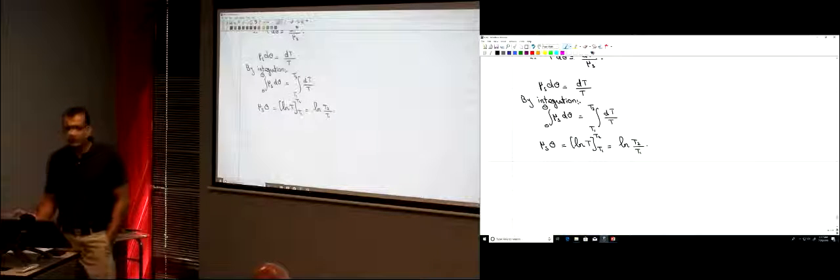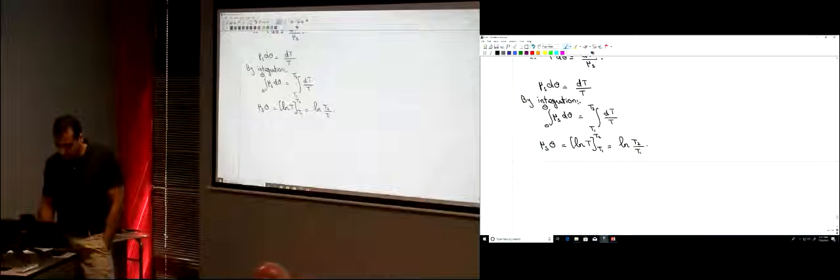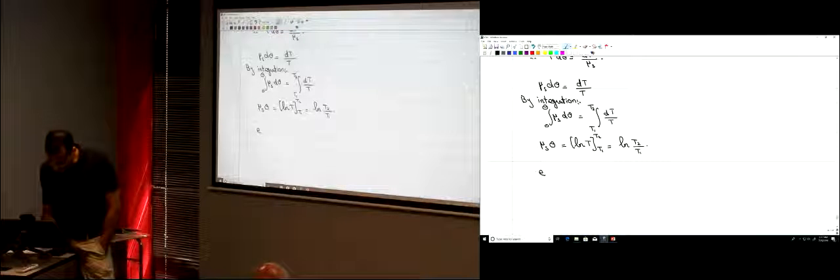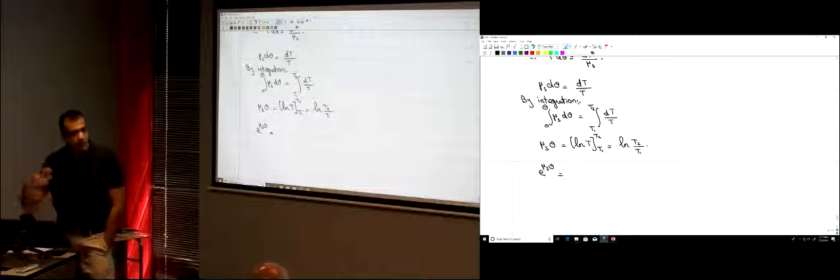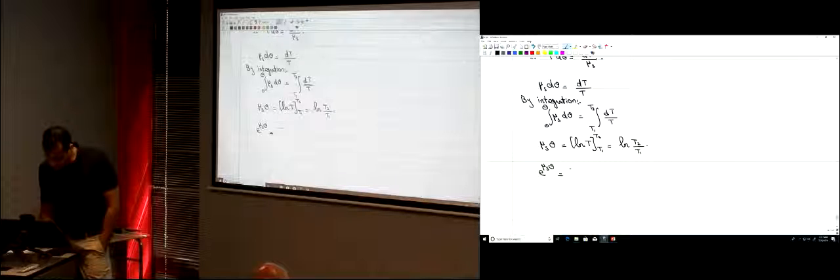So we want to find the relationship between T2 and T1. Let's take the power of e. So e to the power mu s theta is equal to e to the power ln T2 divided by T1. E to the power ln of something is that something, T2 divided by T1.